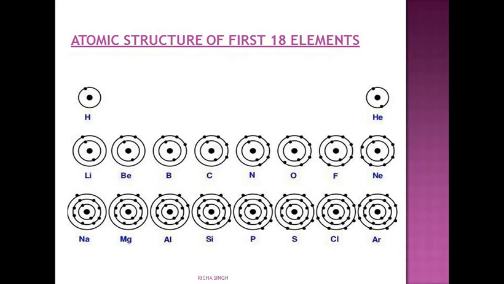Please go through these structures. You should know how to make them. They are for hydrogen, helium, lithium, beryllium, boron, carbon, nitrogen, oxygen, fluorine, neon, sodium, magnesium, aluminium, silicon, phosphorus, sulfur, chlorine and argon. So please try to learn these atomic structures of the first 18 elements.